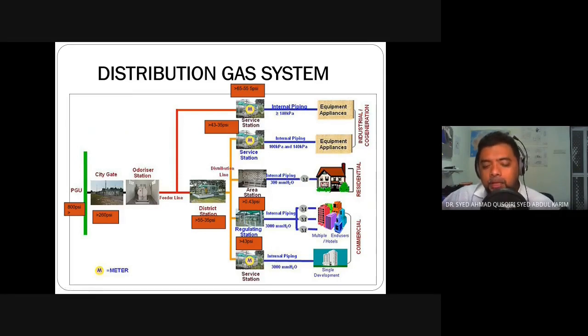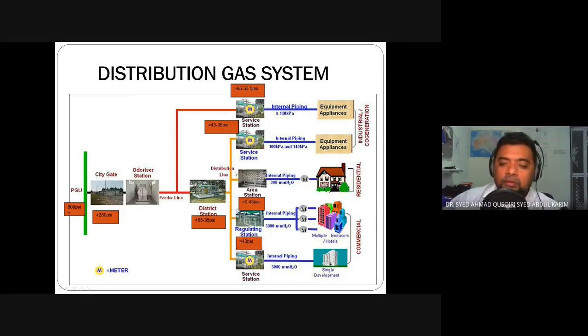They are also sent to commercial customers, such as hotels, single developments, apartments, things like that. Of course they will go to their own regulating and service station, and the pressure will be reduced before being sent to those consumers.